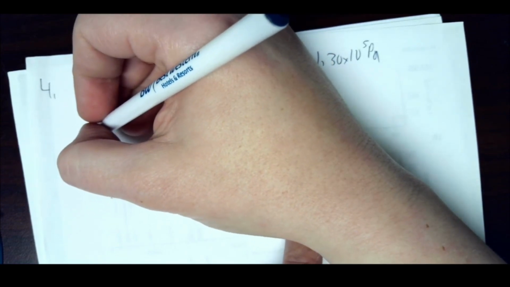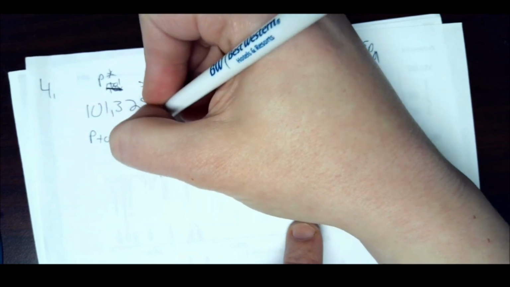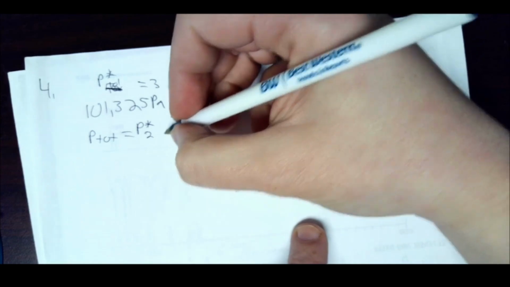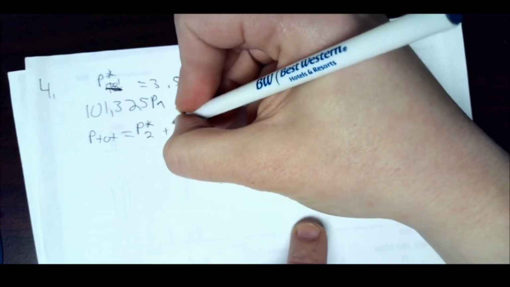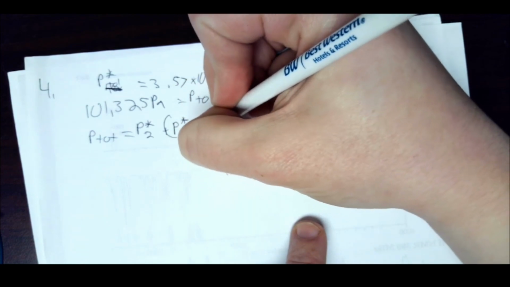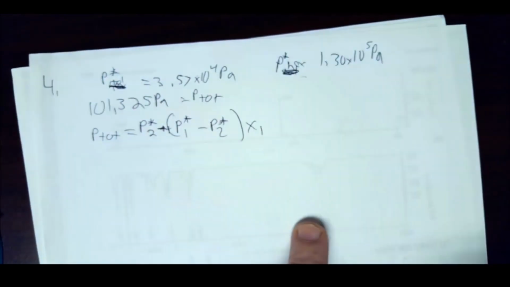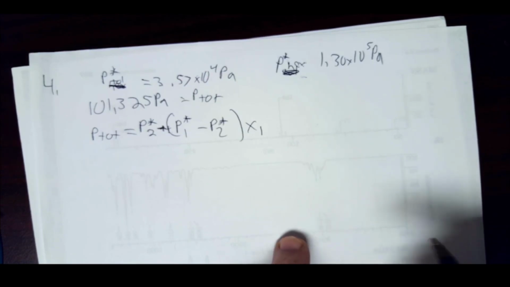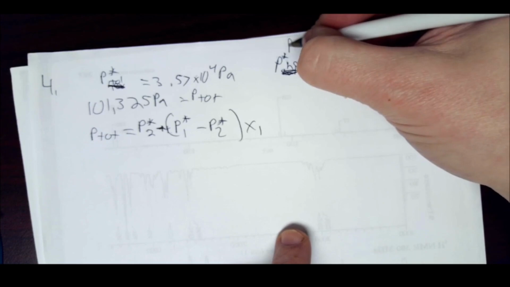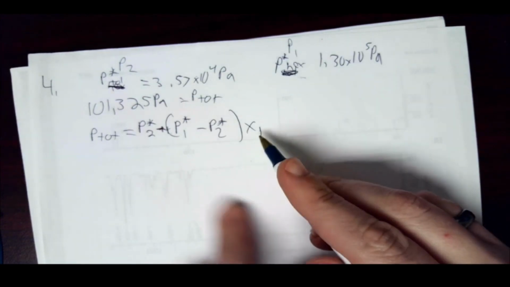So with that in mind, we have an equation that says the P total must be equal to the P2 star plus P1 star minus P2 star times mole fraction 1. So if I call that one P1 and X1 and that P2, I can easily solve this equation.